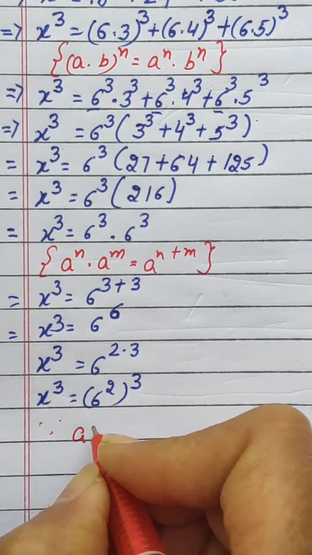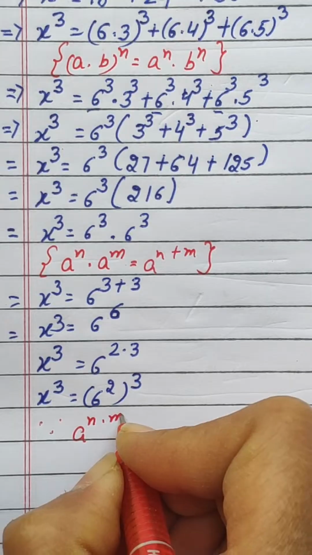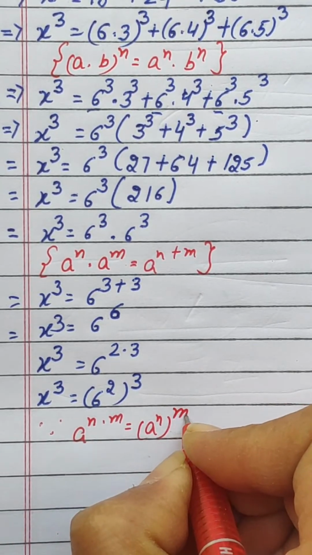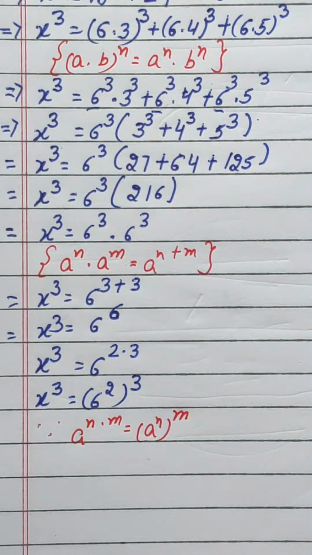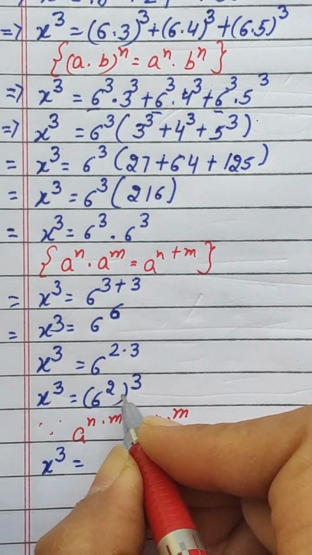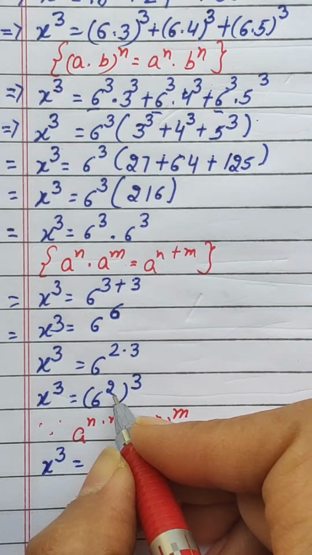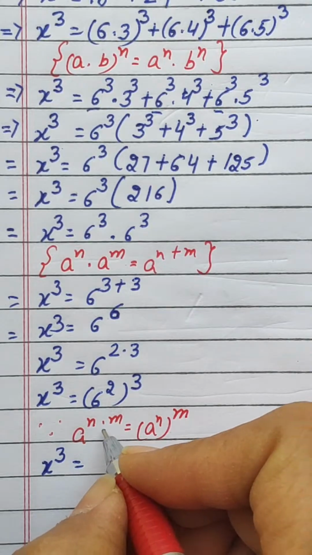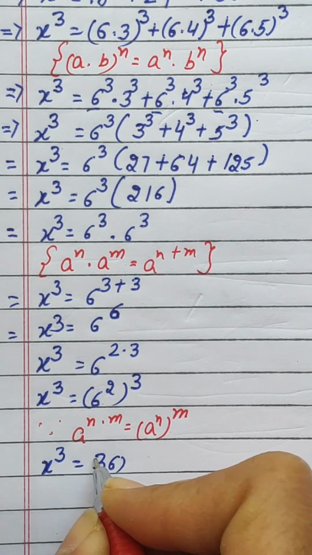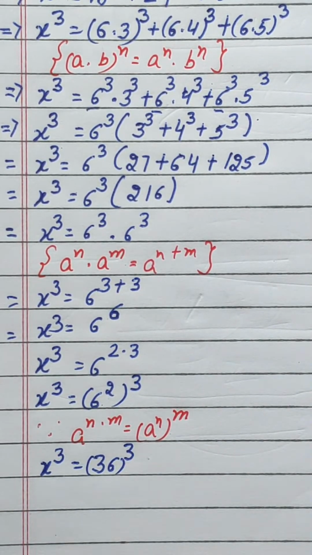Because a raised to the power n into m, we can write it down as a to the power n, the whole power is m. So here x cubed is equal to 6 squared, 6 squared is 36, and 36 raised to the power 3.